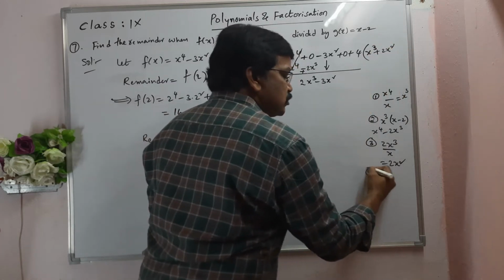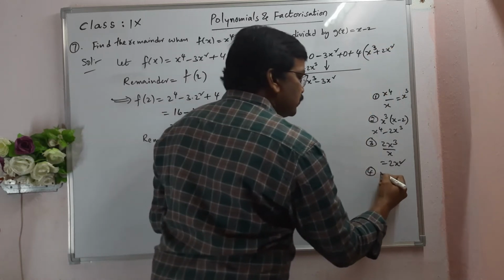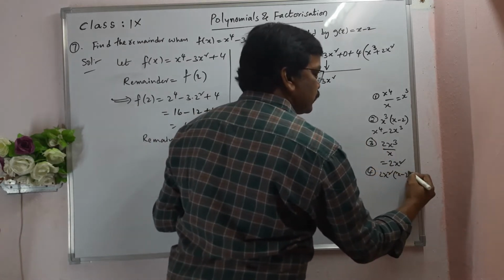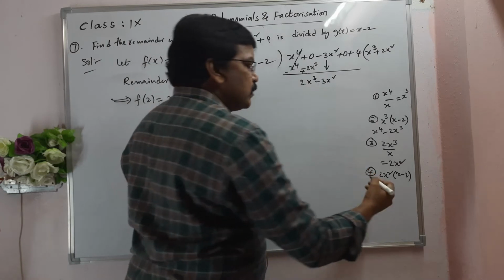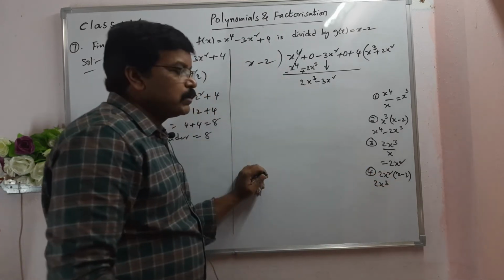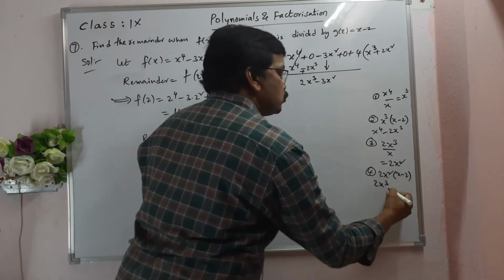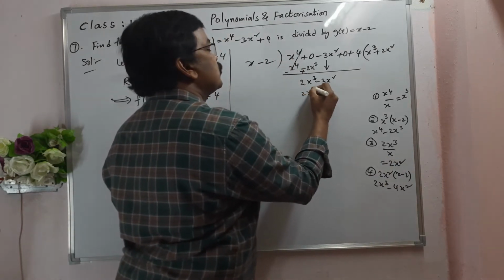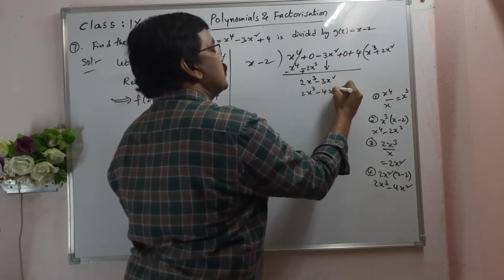Next in the fourth step, this 2x square should multiply with x minus 2. So 2x square into x is 2x cube, 2x square into 2 is minus 4x square. Right, here 2x cube minus 4x square.